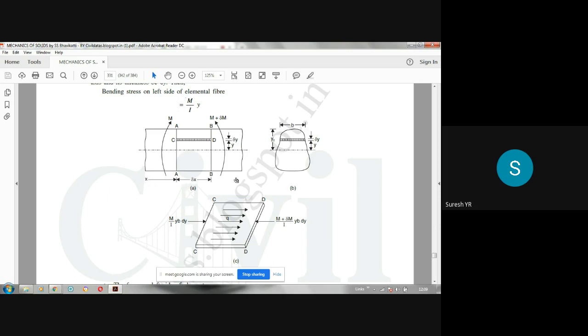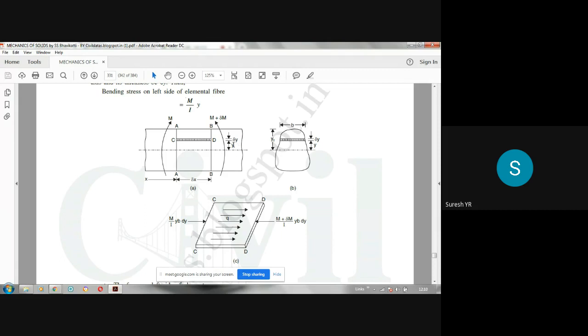The y direction represents the depth of the beam. The z direction is the width. So CD, C dash, D dash, this is the width of the beam, perpendicular to the board. So the length of the beam is in this direction, this is the thickness, that is the depth of the beam, and this is the width of the beam.